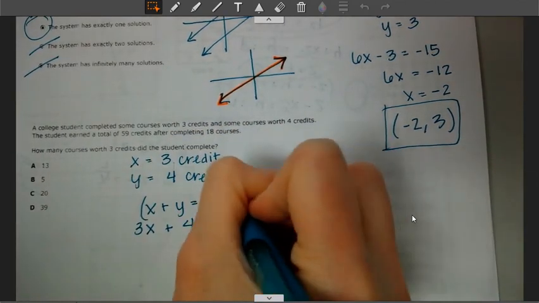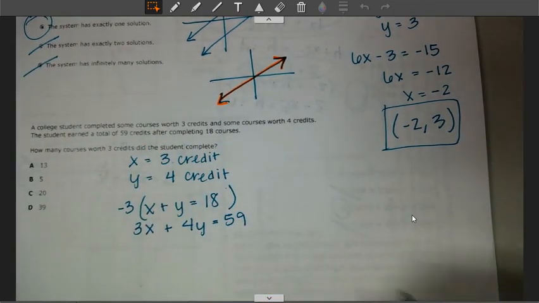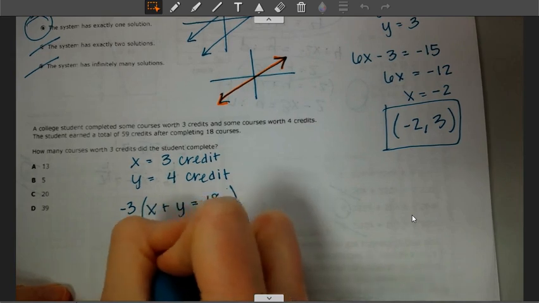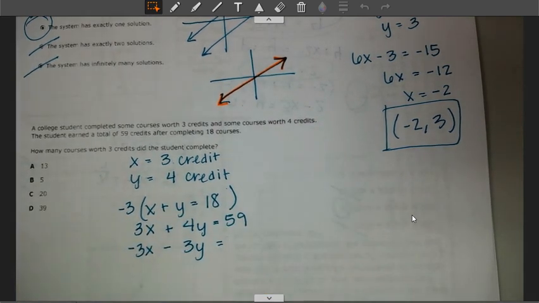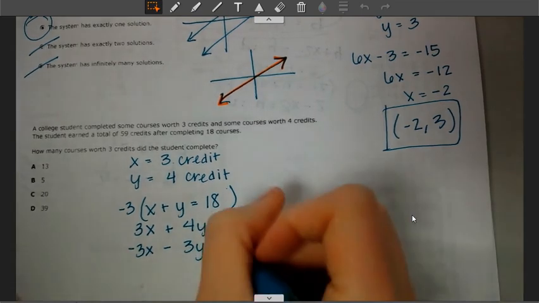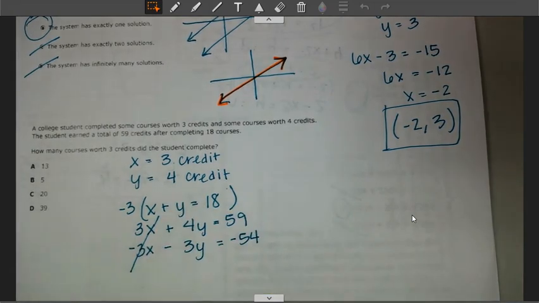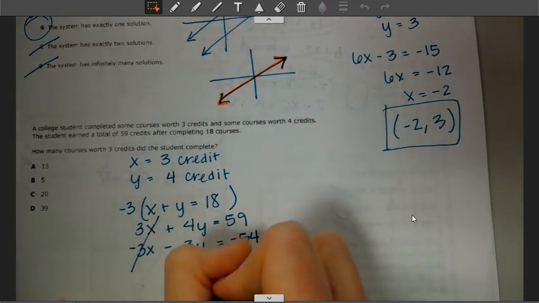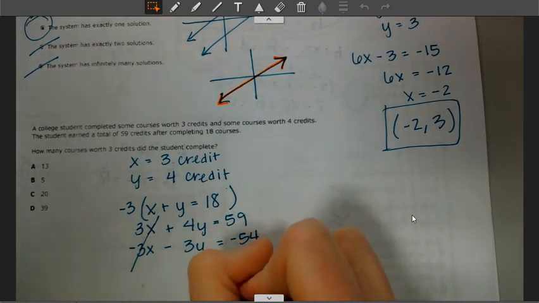I'm going to go ahead and do elimination. I'm going to do elimination for X. So I'm going to multiply the whole first equation by negative 3. So now I get negative 3x minus 3y is equal to, well, 18 times negative 3 is negative 54. Positive 3x and negative 3x will cancel. 4y minus 3y, I get y. 59 minus 54, well, that gets me 5.